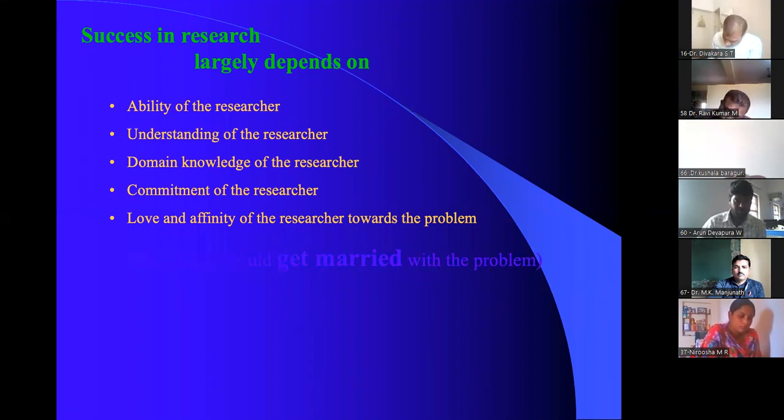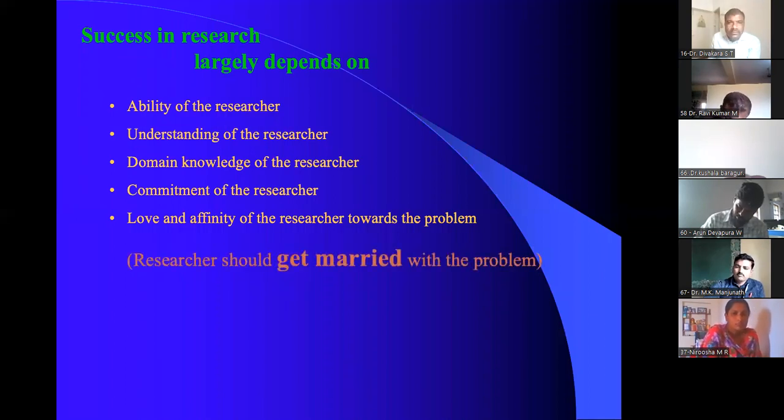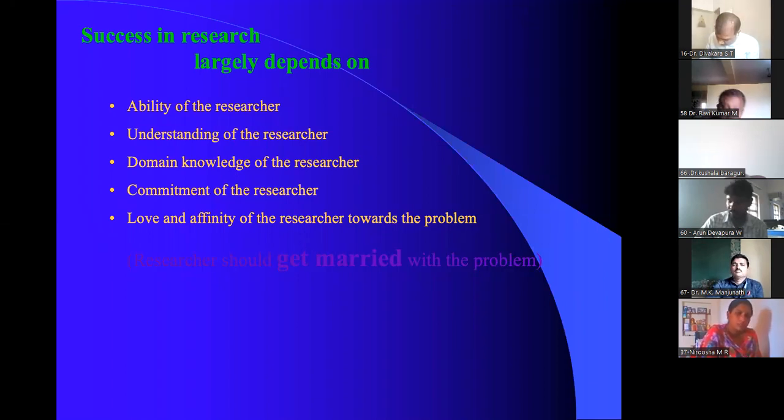I see that I project them as good citizens tomorrow. I'm responsible for all. Similarly here, the moment a problem is assigned, the research scholar should feel that I got married to this problem. It is mine. It is my responsibility to see that this problem will grow up. And because I am married to this problem, my children have got to be generated in the form of publications, manuals, products, solutions, results, whatever it may be.